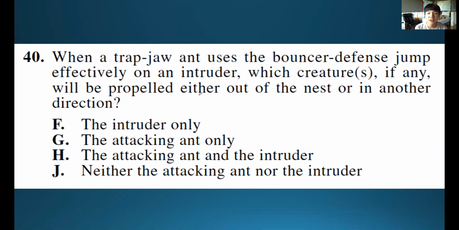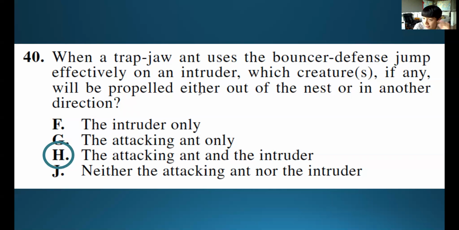So which creatures will be propelled, which creatures will be moved, is literally what it's saying. Well, it's saying the attacking ant pushes the intruder backward, and then the ant also goes backward, right? The ant also hops backward a foot. So what are the creatures that move?